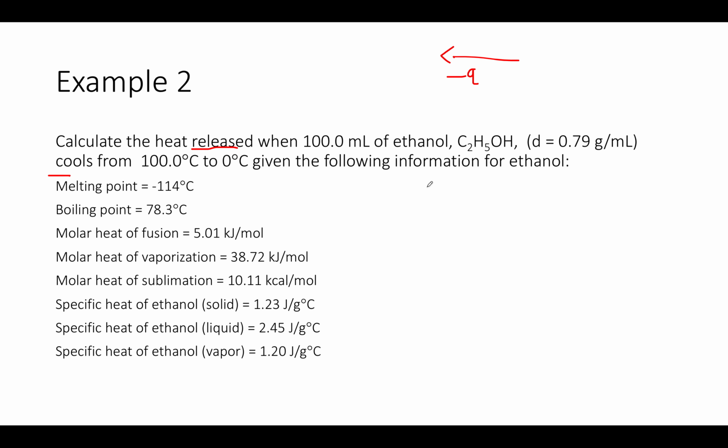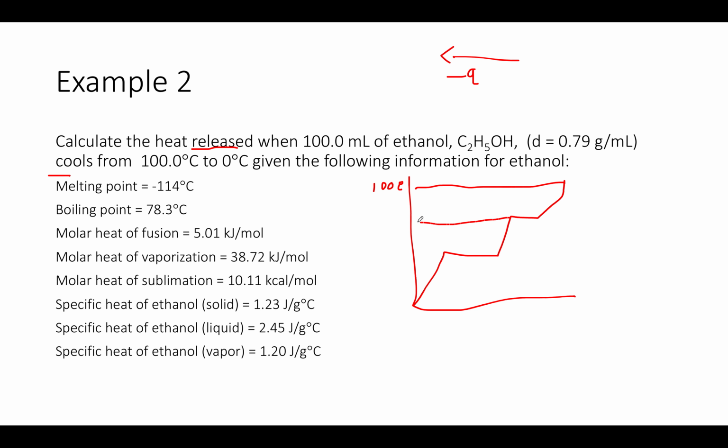So let's draw out what we know from our phase diagram. We're starting at 100 degrees C. The boiling point of ethanol, 78.3, given to us on the left.